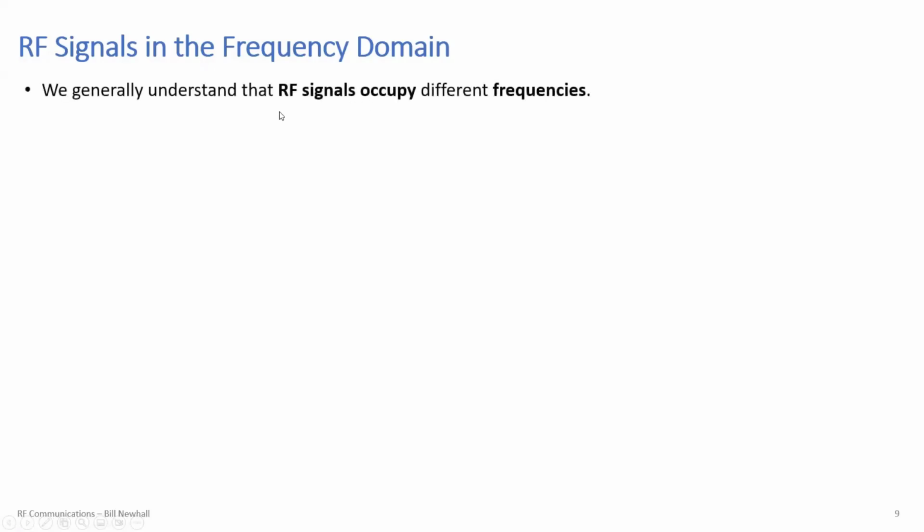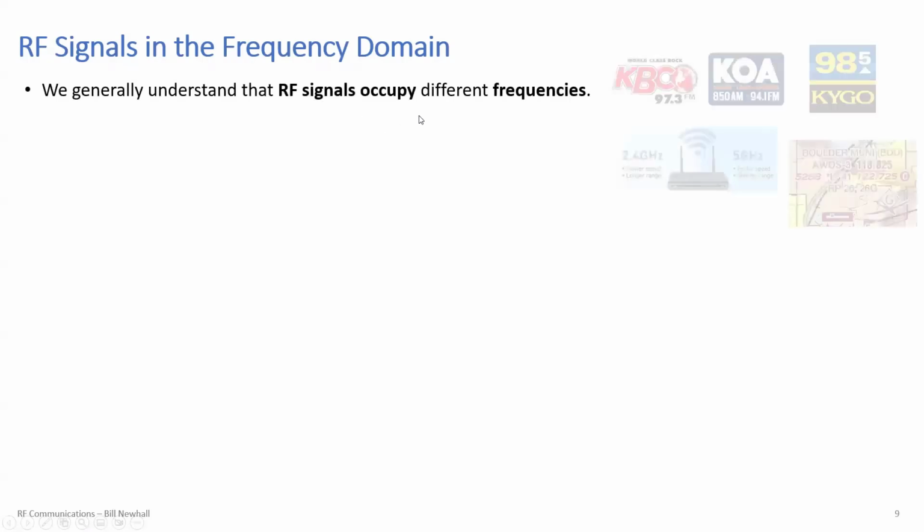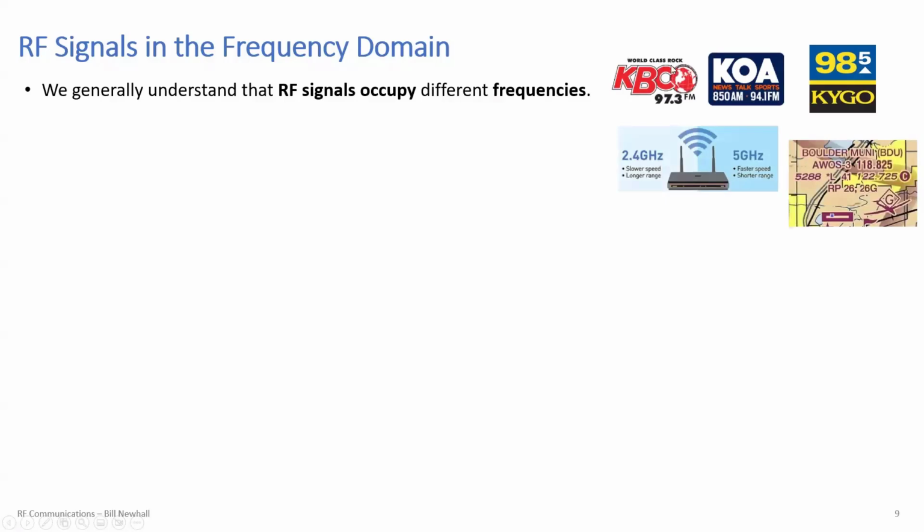And I think for a long time, we've all generally understood that RF signals occupy different frequencies. So whenever you tuned in a radio station, 97.3 megahertz or 94.1 megahertz or 98.5 megahertz or 850 kilohertz, if you listen to AM radio, you kind of understand, well, these are differentiated from each other in some way, and that some way is frequency.